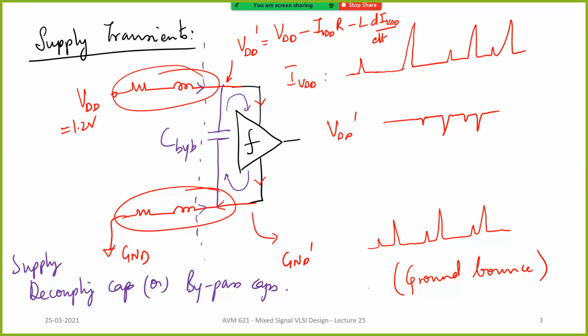And also if you look at some of these mixed signal ICs, I don't know if you have done PCB design, ADCs, DACs, the data sheet will give you an application note, and they will tell you if you have a VDD line, put a capacitor as close as possible to the pin of the IC.